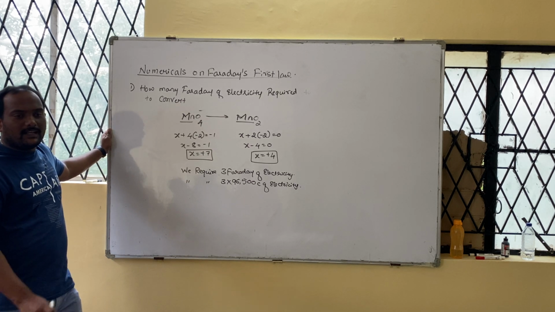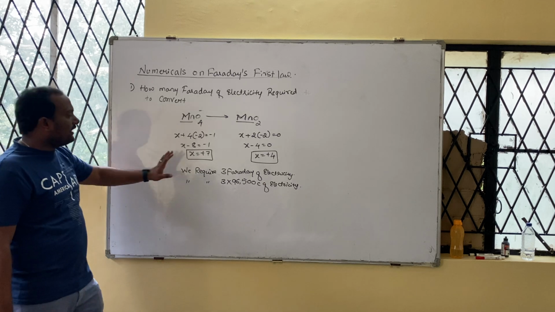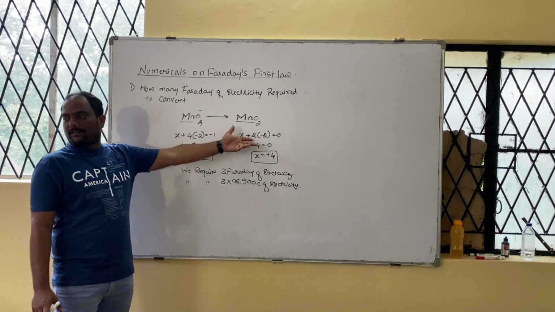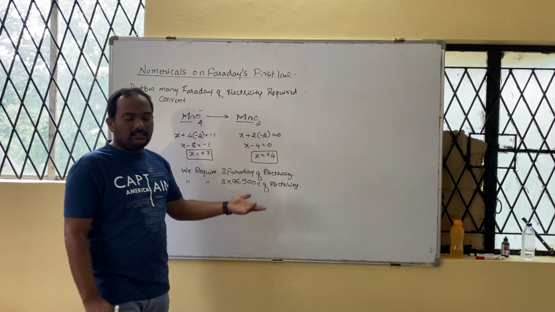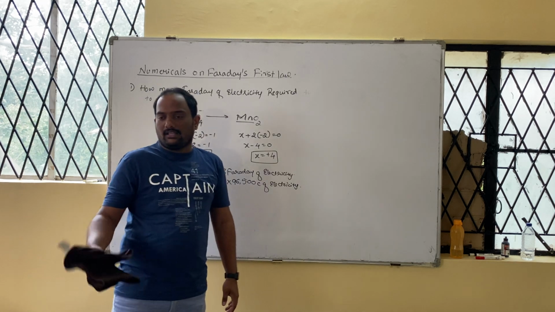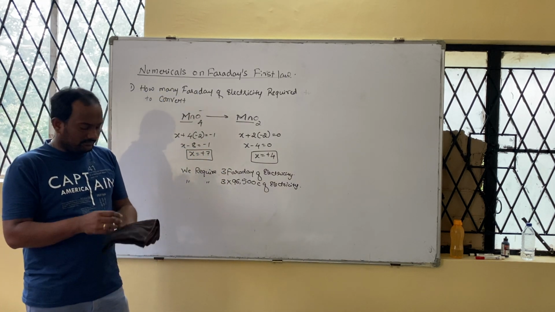All of you understood it. If electrons are given, directly you write. If electrons are not given, then calculate the oxidation number. Then you verify how many Faraday or how many coulombs of electricity are required. Any doubts here?